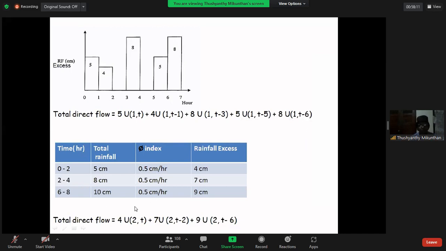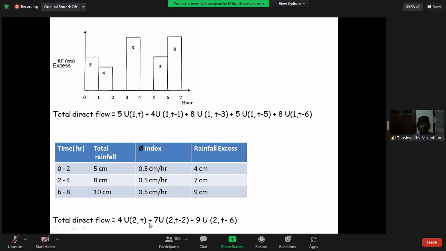Again, one more example here: time, total rainfall, pi index, then rainfall excess you can calculate. Total direct flow is equal to, simply you put U plus U plus U, as there are 3 rainfalls. Then the excess rainfall: 4U, then 7U, then 9U.